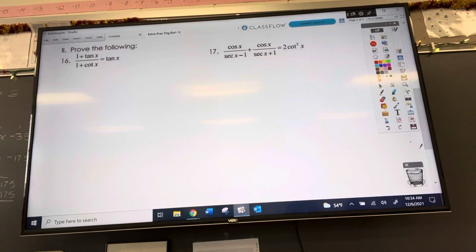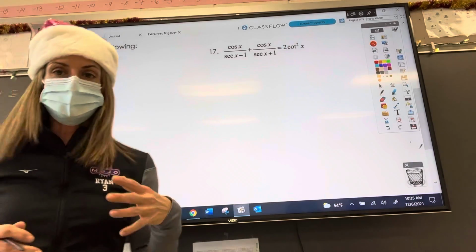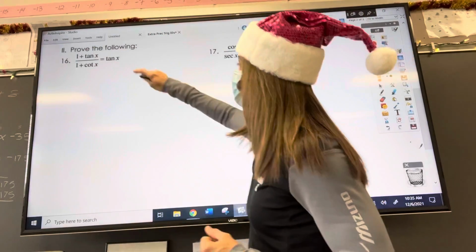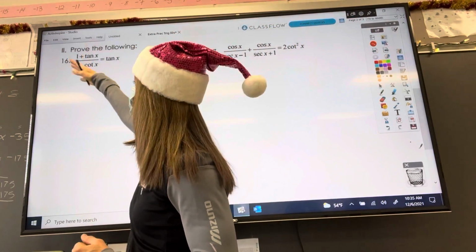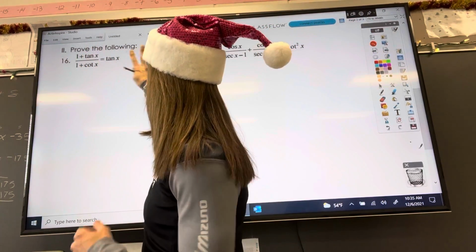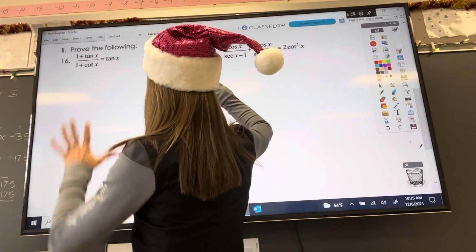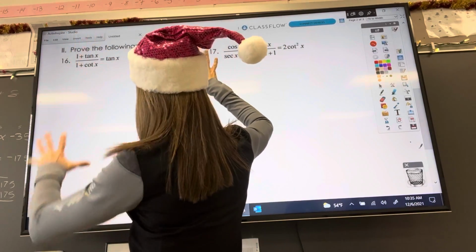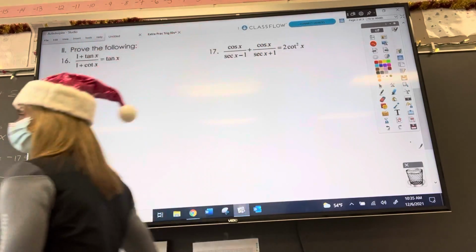Okay, so I'm gonna choose to change tangent to sine over cosine, and then cotangent to cosine over sine. I'm just gonna choose. And since I'm starting, we're at problem 16, and I'm gonna attach this worksheet. Since I am starting on the left, my equal sign needs to go on the right, because we are only gonna work on one side. We're going to work on one side and then show that that side matches the other side.